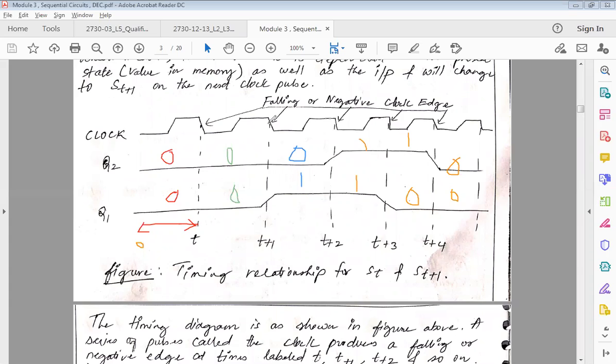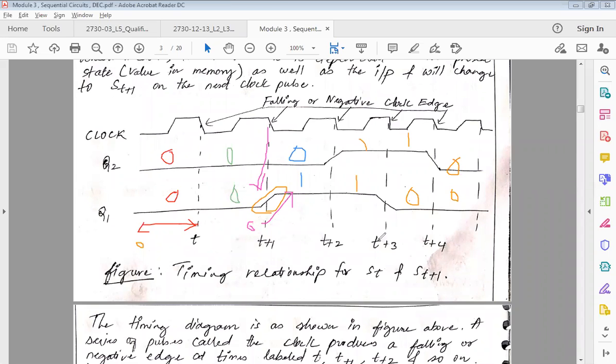At this instant of time, the data is moving from a lower value to a higher value. This is the point where it is actually transiting to a higher value from a lower value, which is 0. Is that clear, students?